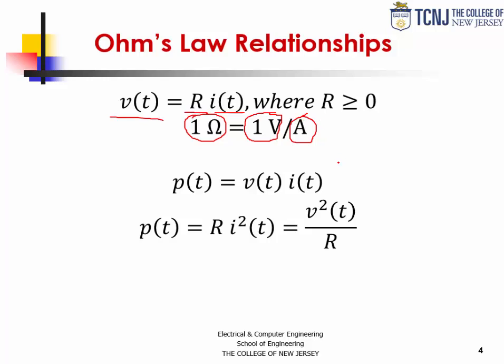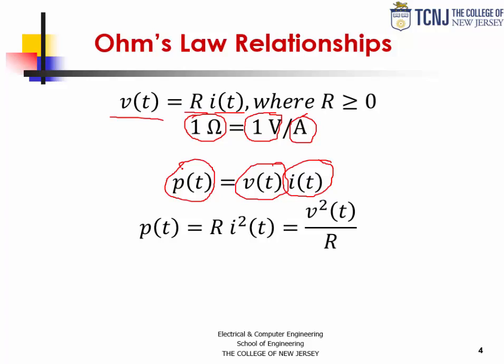As I mentioned, the power relationship across a resistor is the product of the voltage and the current. So if I apply 1 volt across a resistor and the resulting current is 1 amp, then the power that is being dissipated by that resistor is going to be 1 watt.